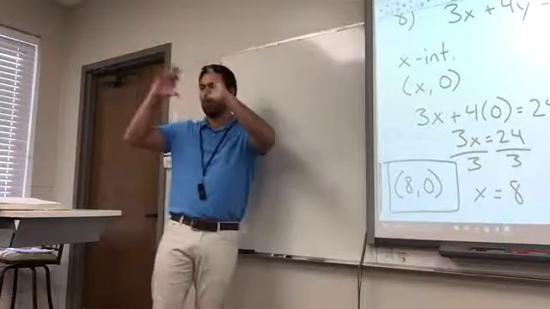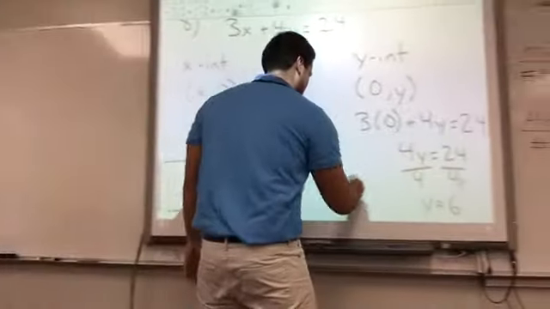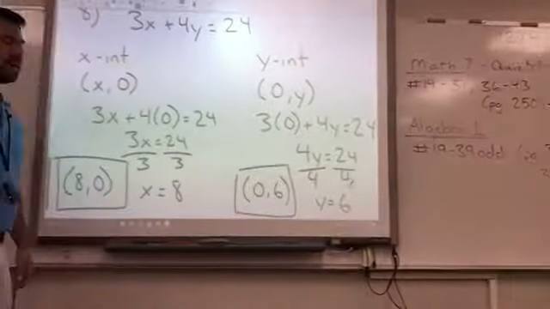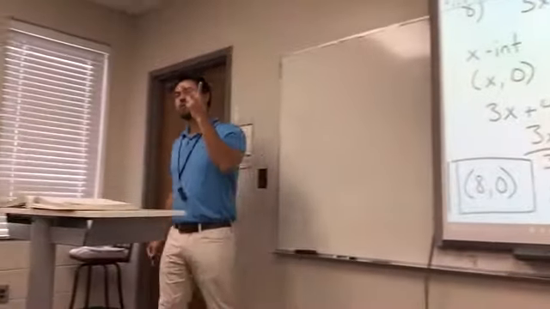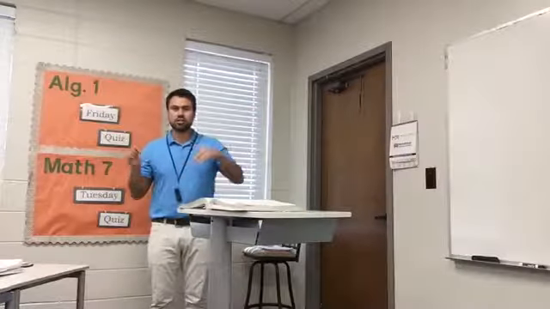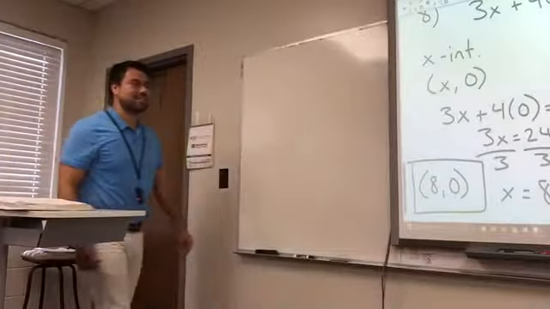All right, what are my coordinates for my y-intercept? Can I graph that? Can I graph those 2 points? And what do I do to graph the whole line of that equation? After I put those 2 points, what do I do? Connect them with a line.